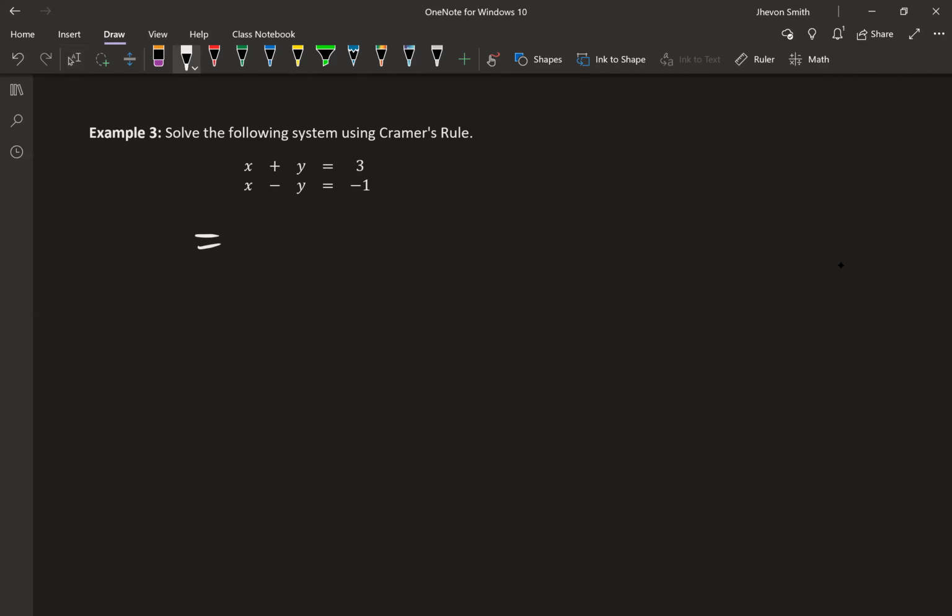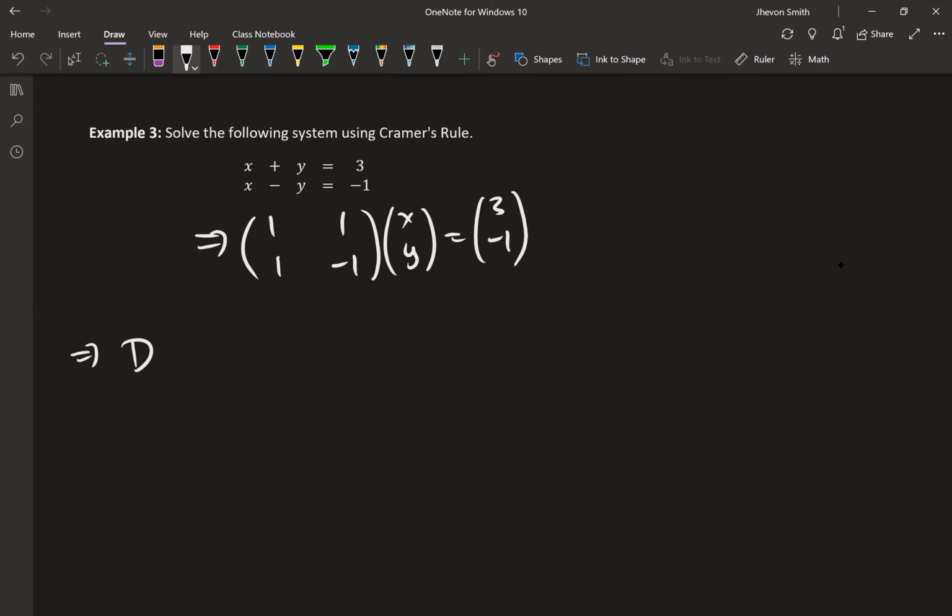First thing I would notice is that this is the matrix [1, 1; 1, -1] times [x, y] equals [3, -1]. This means that my D is going to be the determinant of [1, 1; 1, -1], which is -1 minus 1 equals -2.